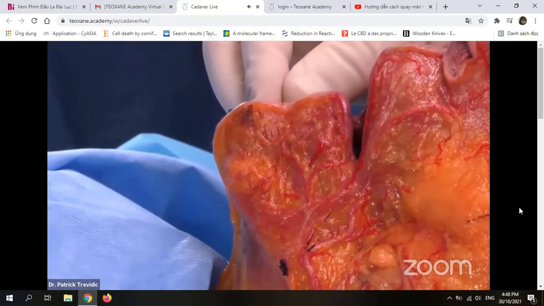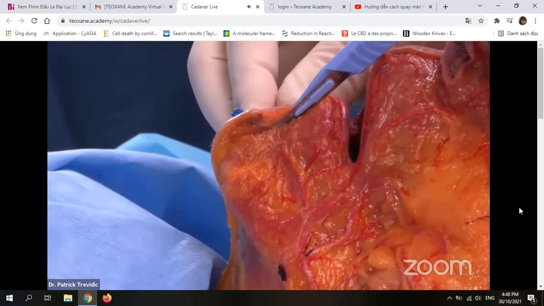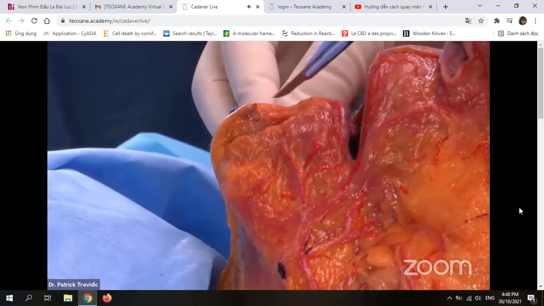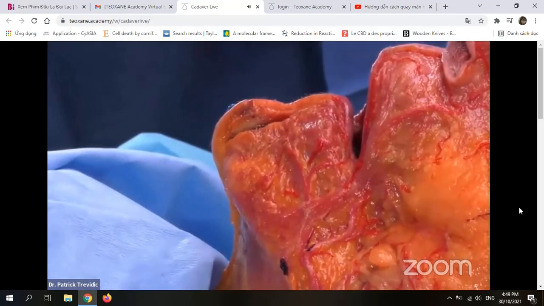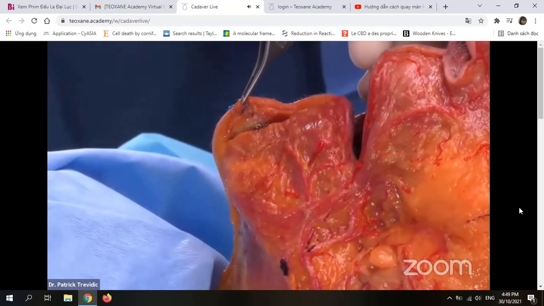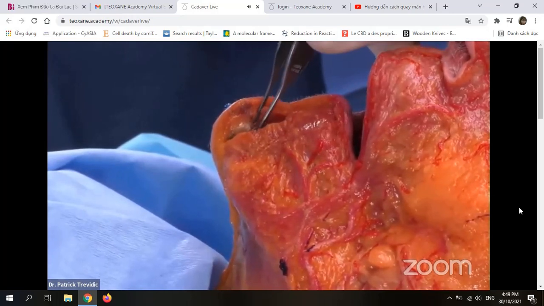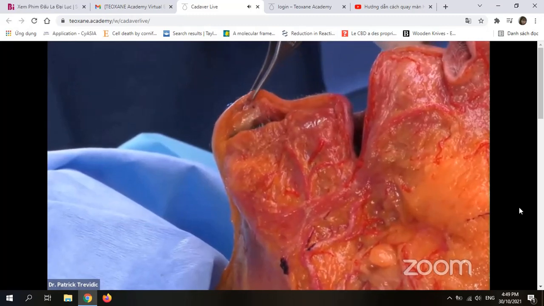And if I cut this area, so if I remove the blue here, and I cut the chin in 2 layers, you will see, if I open it, your superficial fat here, here the muscle, that is your mentalis, that is a big one.